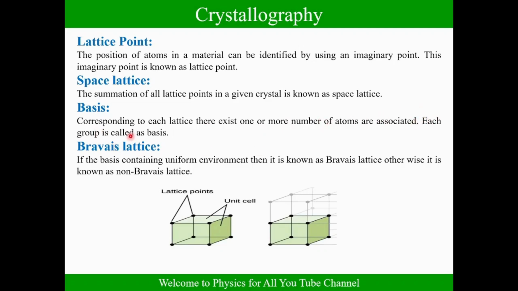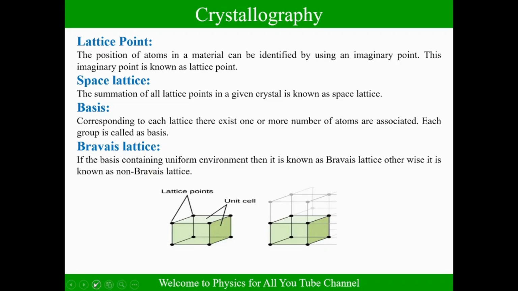Each and every group is known as a basis. Now, if the basis contains an identical or uniform environment, such a lattice is called a Bravais lattice. If the environment is not uniform, such a lattice is called a non-Bravais lattice.